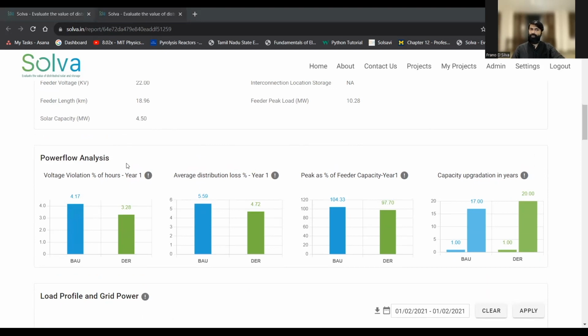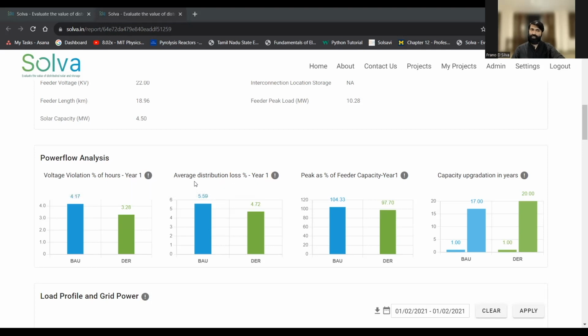So in the power flow analysis for the voltage violation percentage of hours in year 1, we see that in the BAU case, the instances of voltage violation beyond permissible limits were 4.17%, while this has reduced with the integration of DER, that is 4.5 megawatt DER on the Karungal-Palyam feeder at the interconnection point middle end.